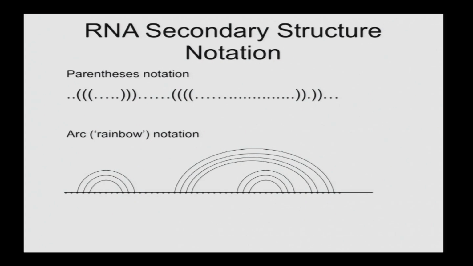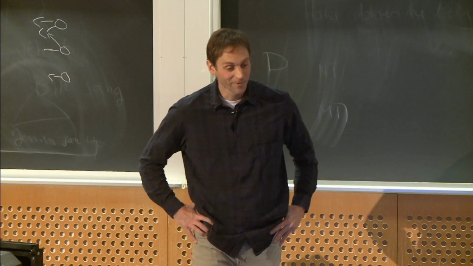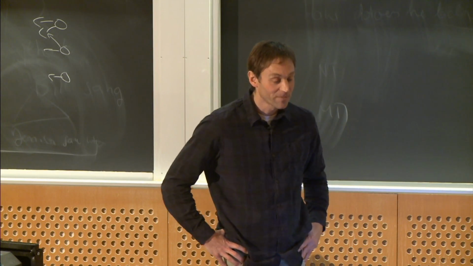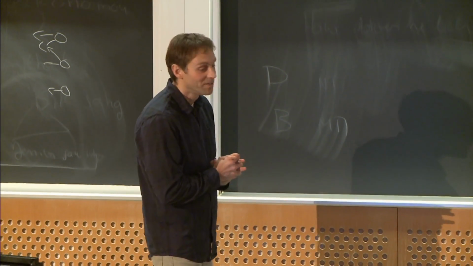So how do we represent secondary structures? There are a few different common representations that you'll see. One, which is computer-friendly but not terribly human-friendly, is this dot and parenthesis notation.